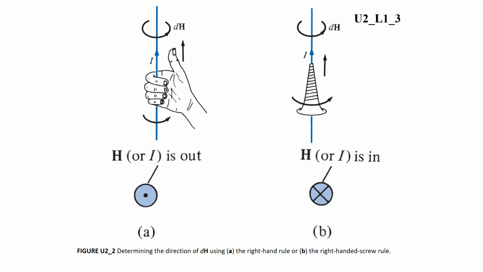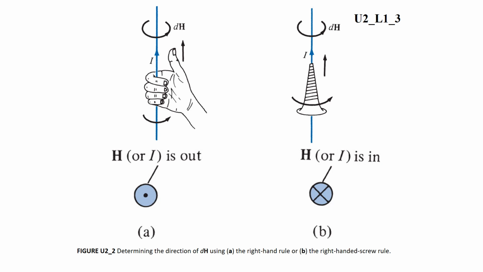Now this slide tells you how to get the direction of dH. As we saw from Biot-Savart's law, dH is dl cross ar or dl cross r. So the direction of a cross product is given by the right hand rule or the right-handed screw rule.